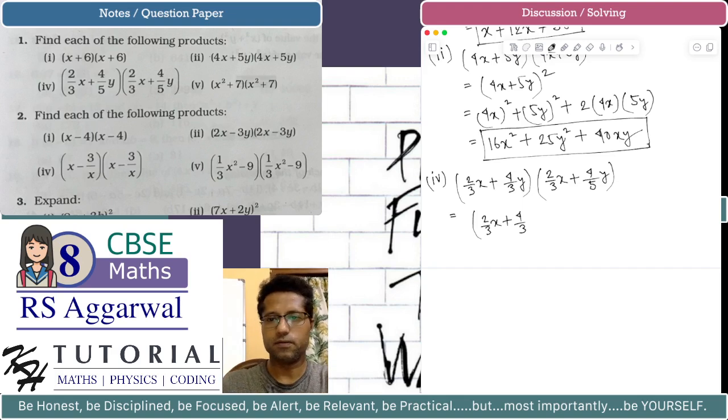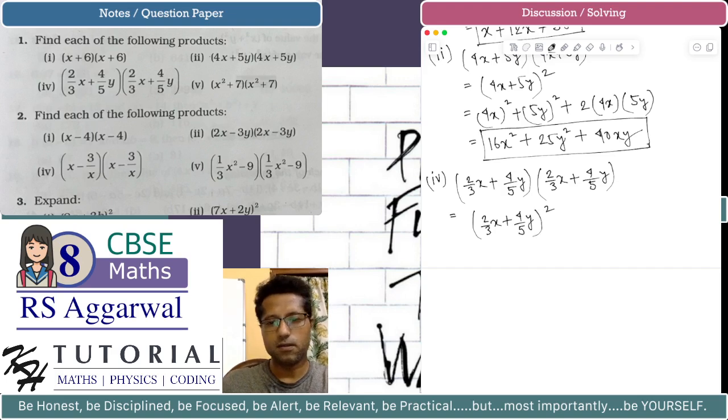So the product is 2 by 3x plus 4 by 5y multiplied by itself. So this becomes 2 by 3 x plus 4 by 5y whole square.